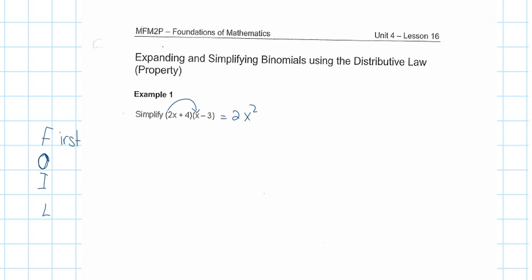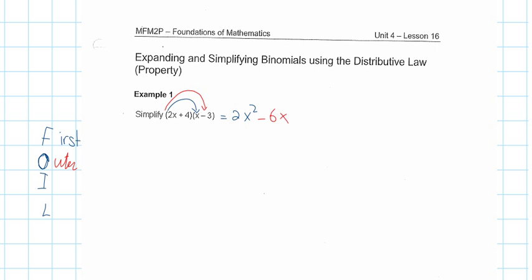Then you're going to multiply your outer terms. So your outer terms of the two brackets, they're going to be the 2x and the negative 3. So it's going to be negative 6x.